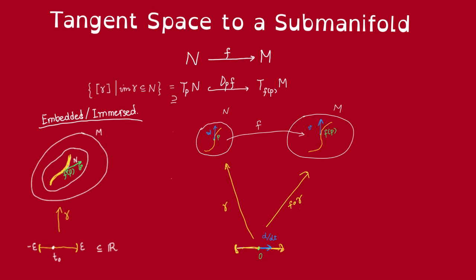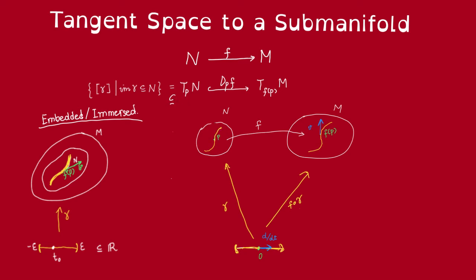That's because of the chain rule: this tangent vector is mapped to this, and under f this tangent vector is mapped to this. So that means that under this composition, this tangent vector is mapped to this. So this is the initial velocity of this composition curve. And so this curve does indeed come from a curve in N. So we got this direction.